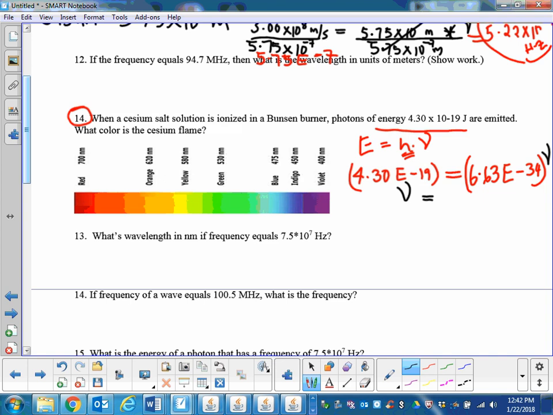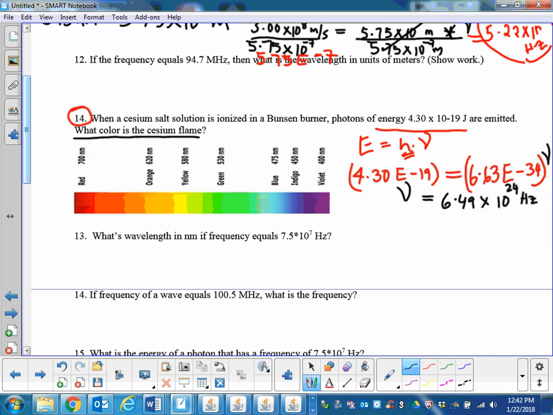What is frequency? 6.49 times 10 to the 24 hertz. Is that right? Okay. They want you to tell what the color of the light is.